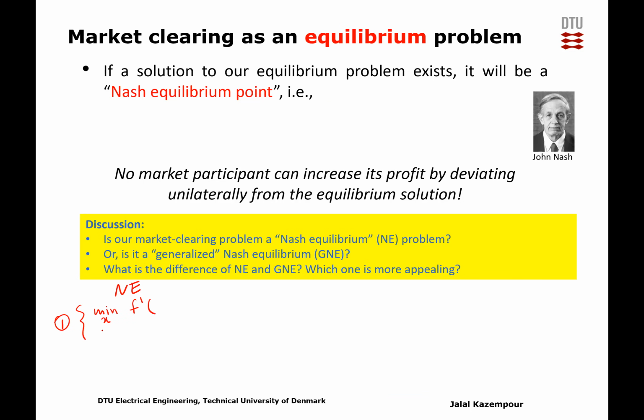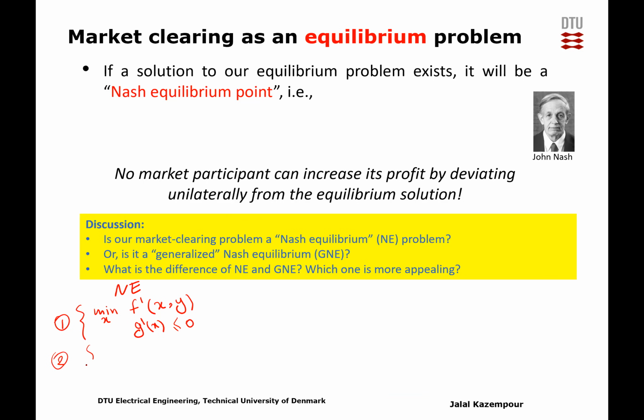The only variable of player 1 is x, but its objective function is a function of x and y. I will explain what y is. And the only constraint of this player is a function of only x, g1(x) lower than or equal to 0. Okay, that's our first optimization problem.